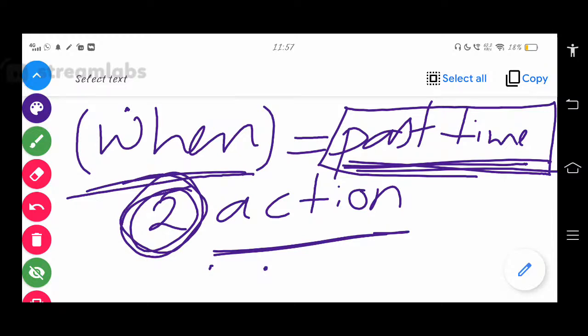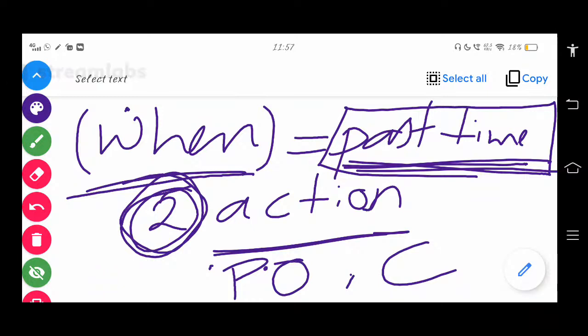we have to think that, out of those two, one is past ongoing and the second one is a completed action. Did you understand this? When when is used in the past time, there will definitely be two actions: one is past ongoing and the second one is completed, and two different people have to be involved.